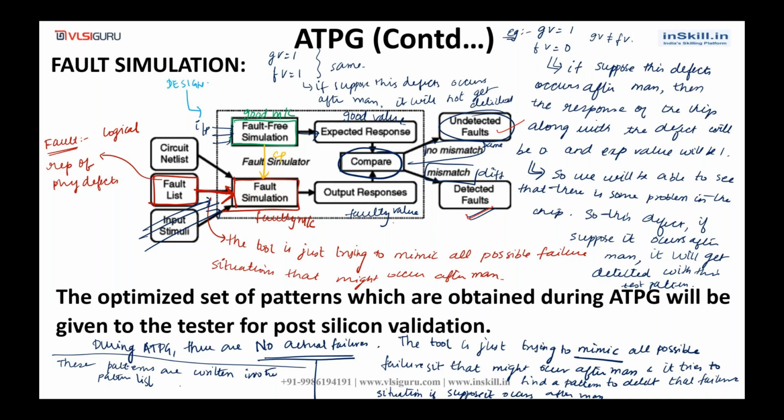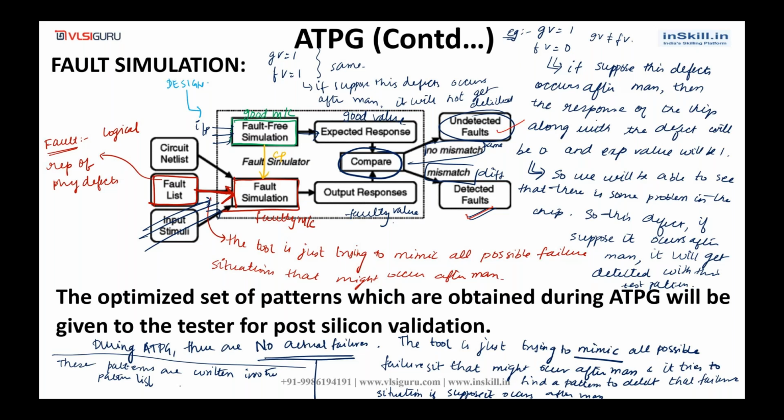Undetected or not detected faults imply that if any of the faults in this class occurs after manufacturing, it will not get detected with the generated test patterns.